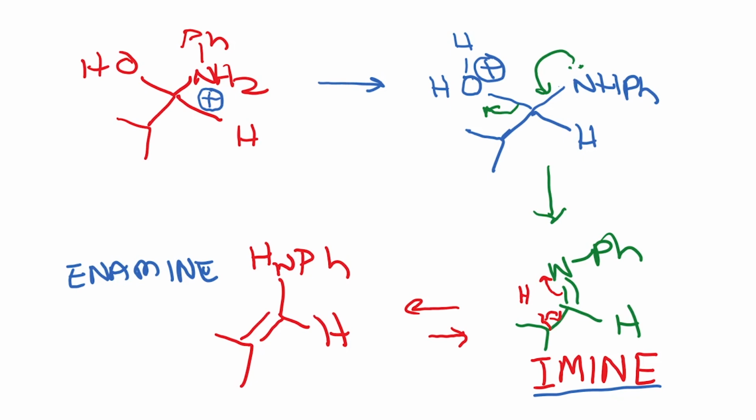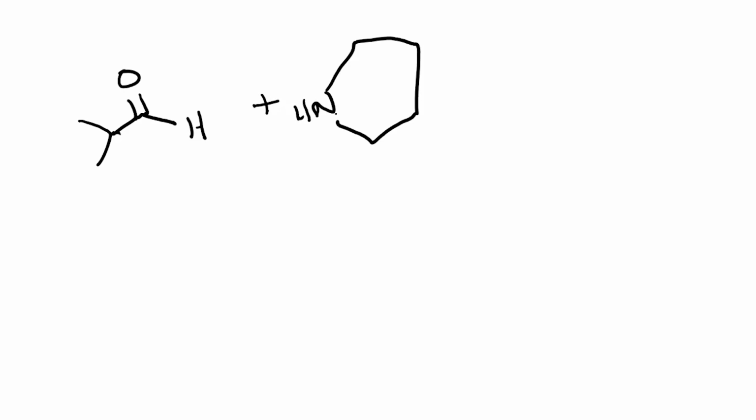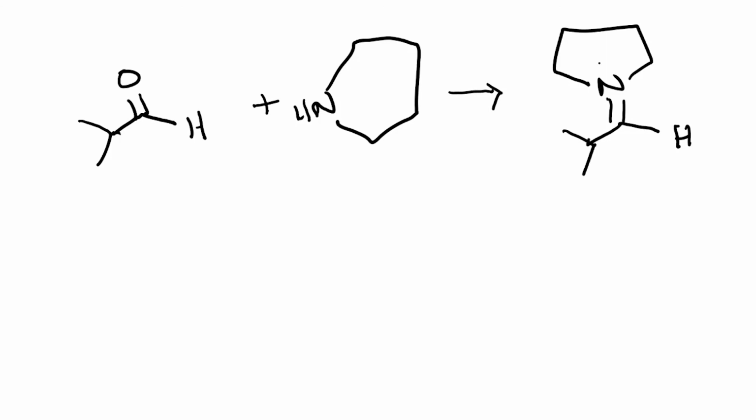But now what happens when we use a secondary amine? Let's look at that, and that should conclude the lecture on this topic. The example that we can take is this. This is pyrrolidine, and when pyrrolidine reacts with this aldehyde, if I extend the same logic of the production of the imine, then you're going to get an imine such as this.